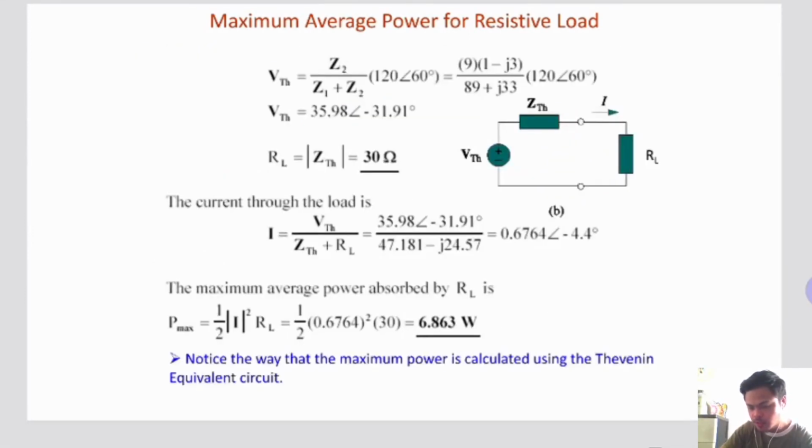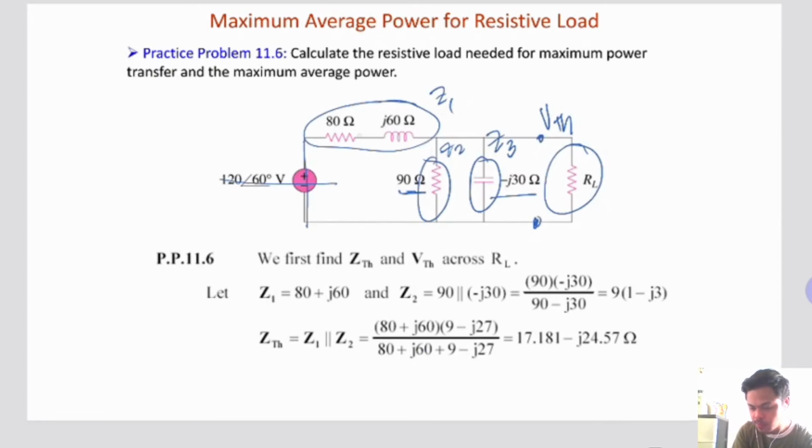So VTH can be computed as we simply apply voltage division. Here we have the parallel, which is denoted as Z2.